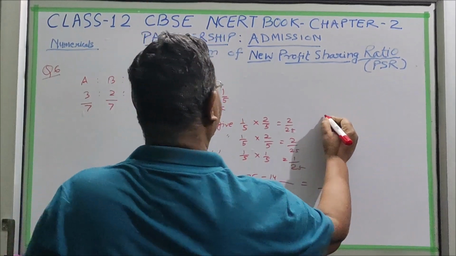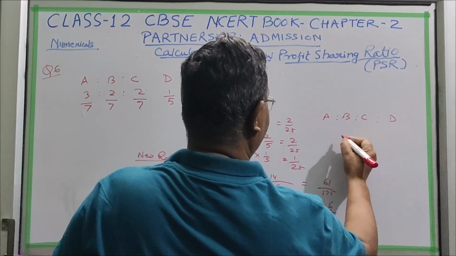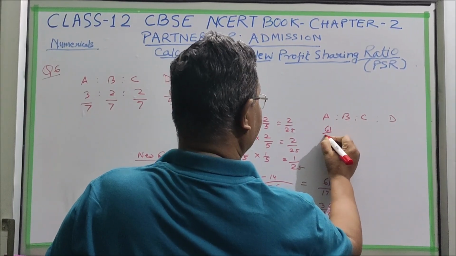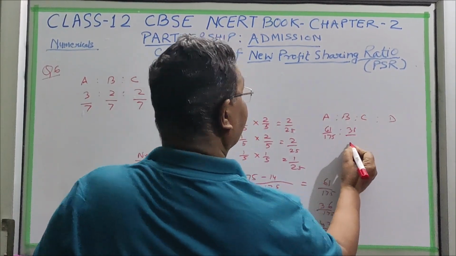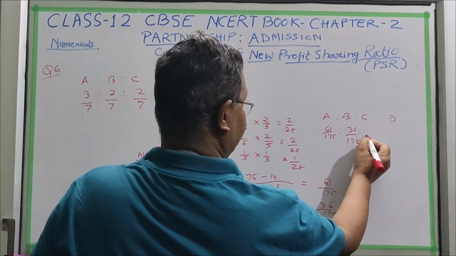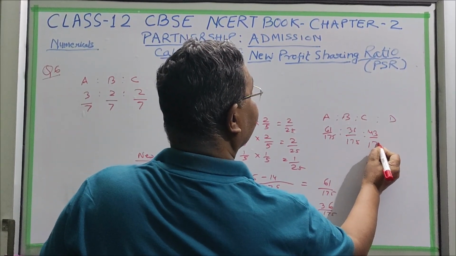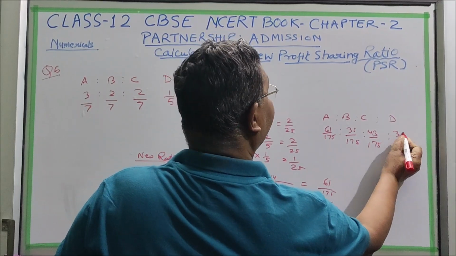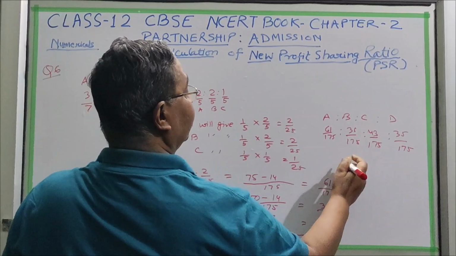So A is to B is to C is to D is 61 by 175 is to 36 by 175 is to 43 by 175 is to 35 upon 175. So this is common, we can leave it.